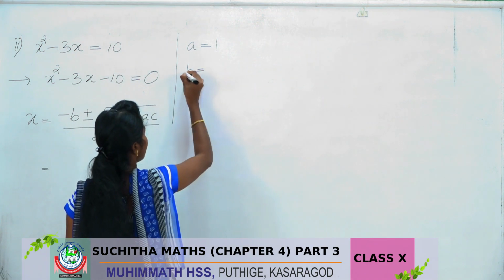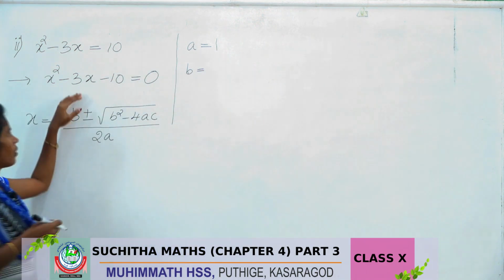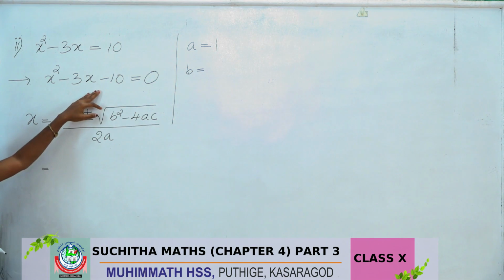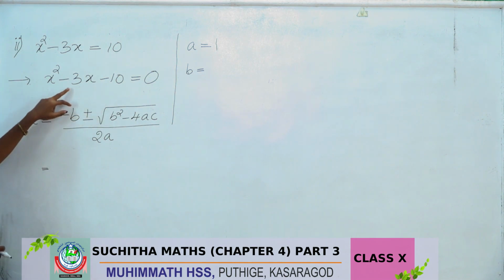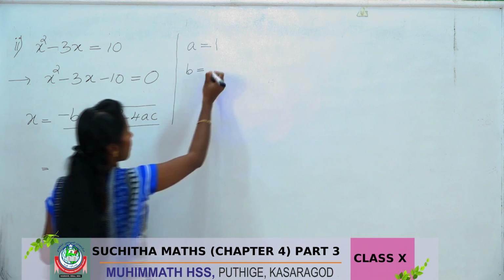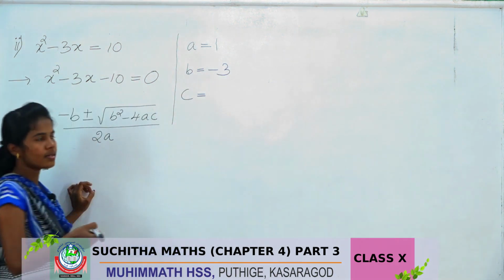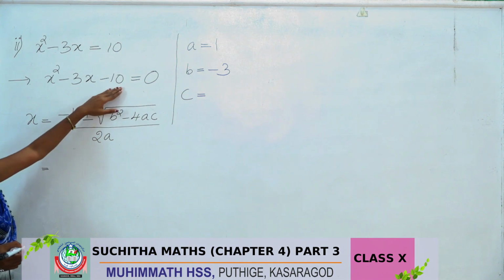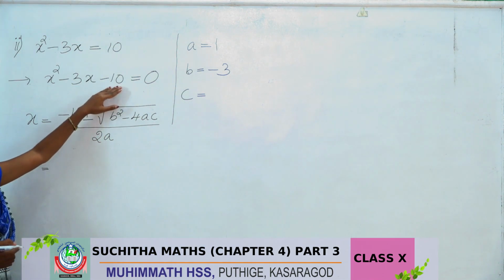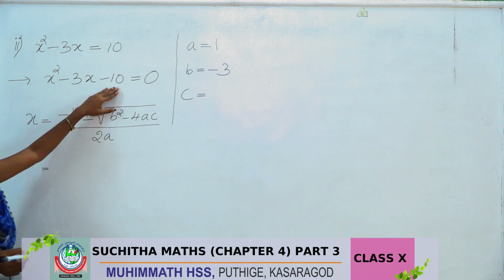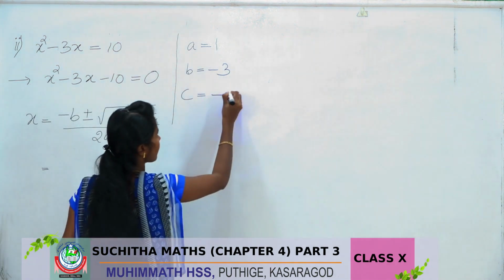Then b is the coefficient of x. What is the coefficient of x? Coefficient of x is 3 and the sign of 3 is minus, so coefficient of x is minus 3. Then c is the constant term. Here the constant term is 10 and its sign is minus. So c is minus 10.